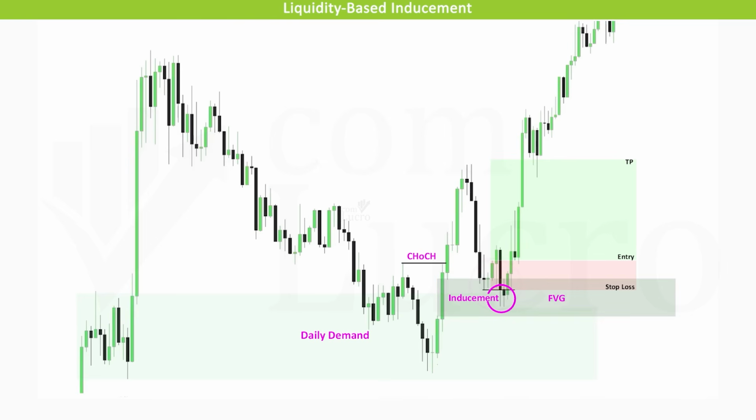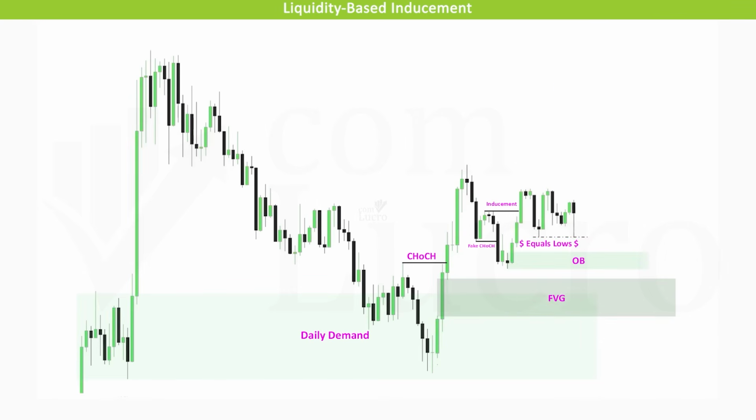Once enough liquidity is available, price dips slightly lower, sweeps the inducement low, collects those stops, and finally mitigates the true fair value gap, the one institutions were targeting from the very beginning. At this stage, liquidity has been collected. The imbalance is filled, and the true institutional point of interest inside the fair value gap has now been mitigated.